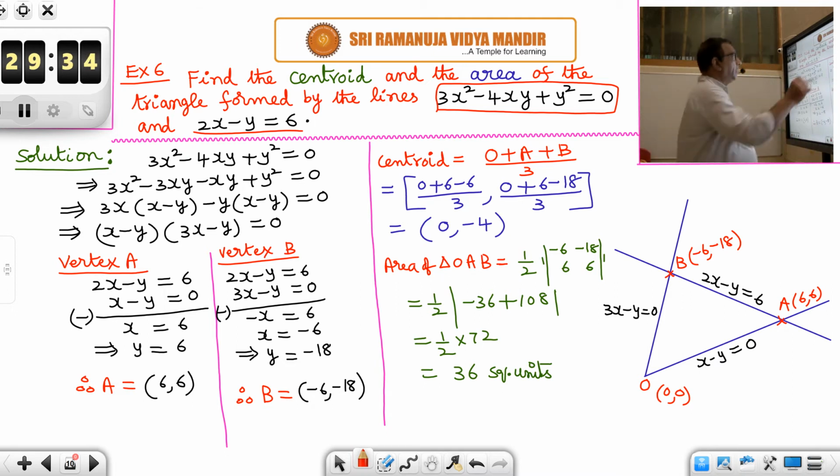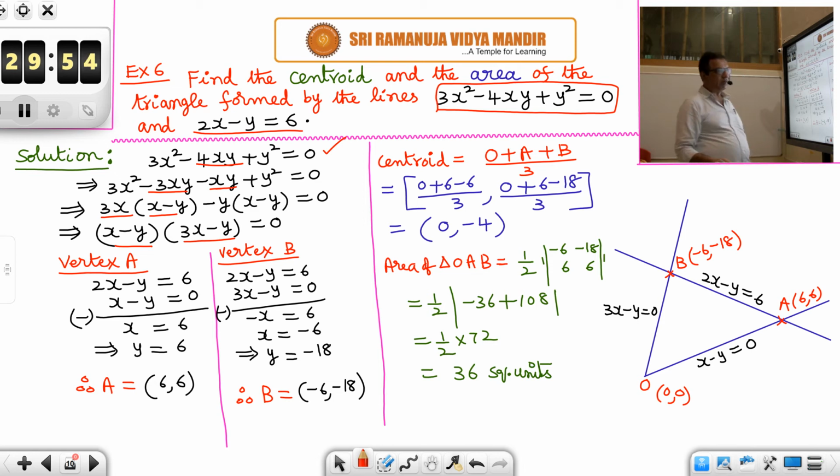Take the pair of lines equation 3x square minus 4xy plus y square. Try to factorize it. Minus 4xy is written as minus 3xy minus xy. First two terms, 3x common. Third and fourth terms, minus y common. Again x minus y common. So (3x minus y)(x minus y).